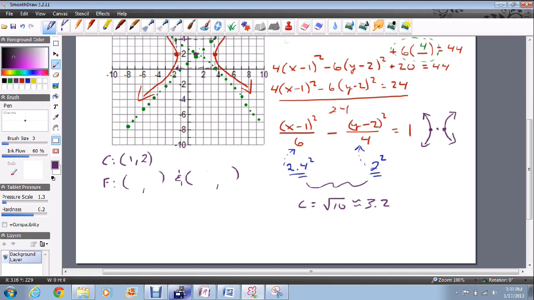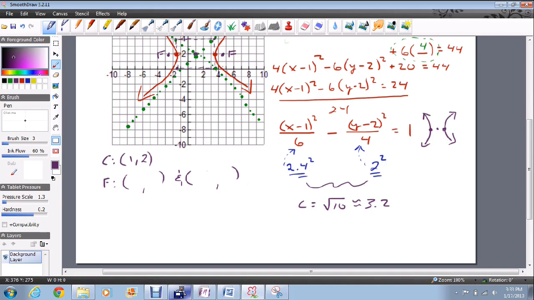So we count over from the center 3.2 in each direction, left and right. 1, 2, 3.2. And we go from the center again, left, 1, 2, 3.2. So those are the focus points. Just make the best guess that you can.